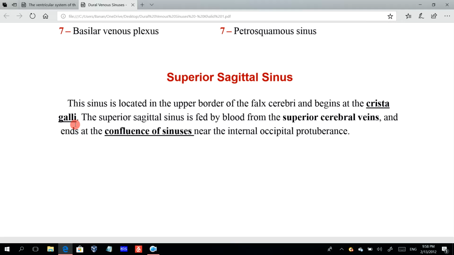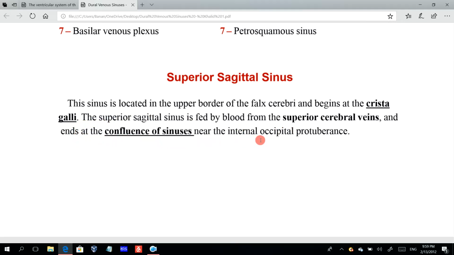From this crista galli, the superior sagittal sinus starts, and it is fed by blood from the superior cerebral veins. All the superior cerebral veins drain into the superior sagittal sinus, and this sagittal sinus ends at the confluence of sinuses near the internal occipital protuberance.